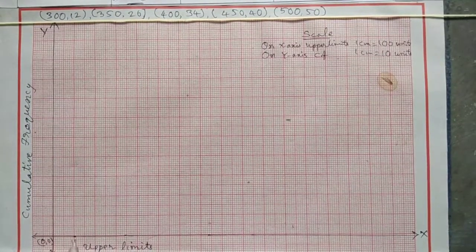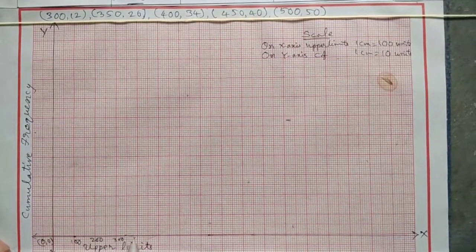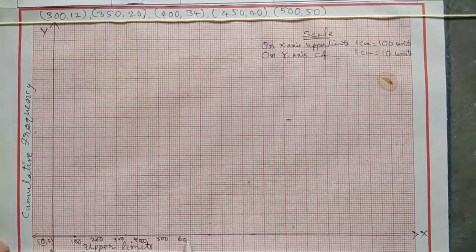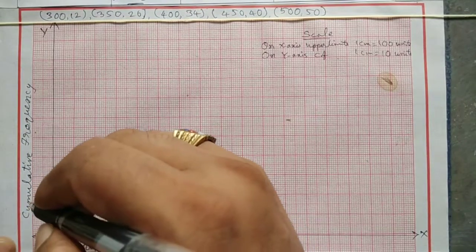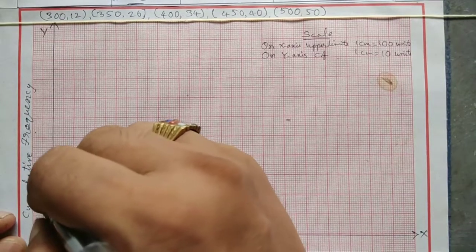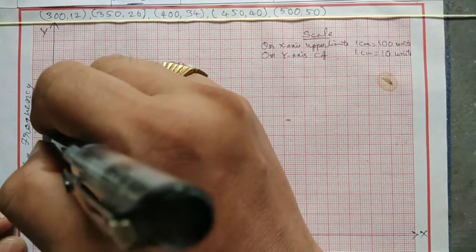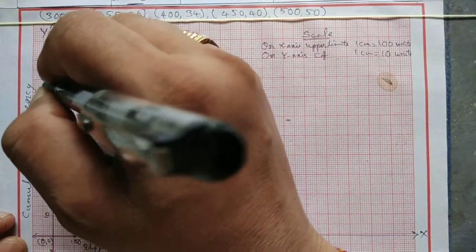Here 100, 200, 300, 400, 500, 600. This side 10 units, 1 centimeter is 10 units: 10, 20, 30, 40, 50, 60, 70, 80.